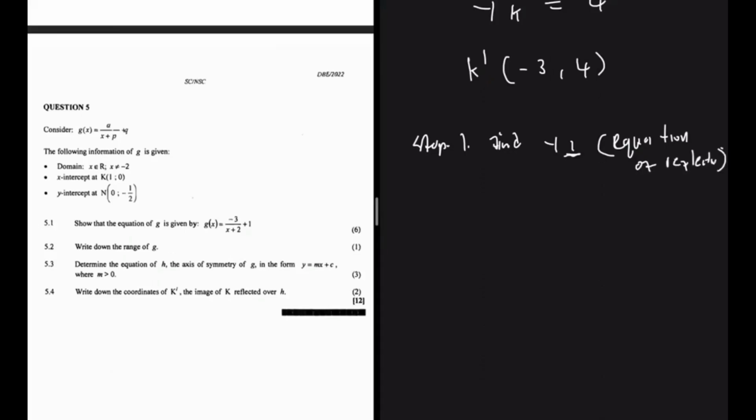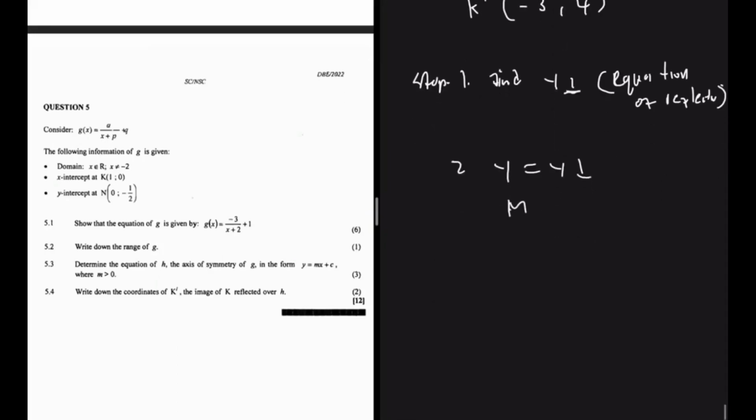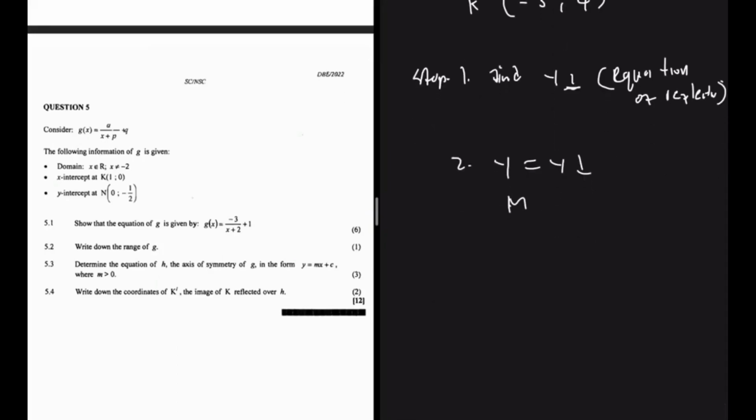And then after you find that y perpendicular, you're going to use the point that lies on y perpendicular to find c, and then you can find the equation. After you do that, equate y and y perpendicular to find the midpoint. And after you've determined the midpoint, you can then use the formula for the midpoint to find the point of reflection, like we just did.